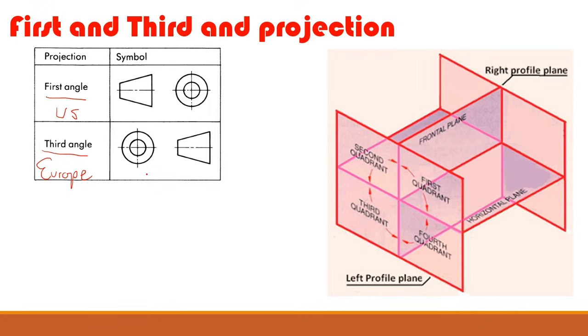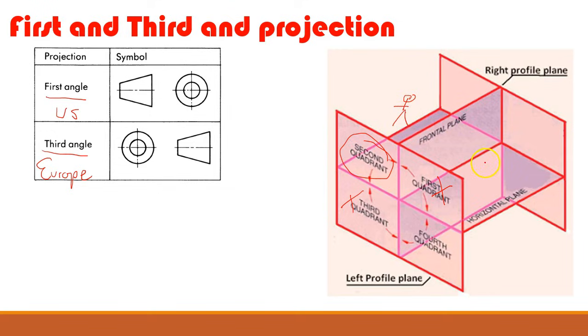You could start to understand your first and third angle projection. So first angle projection takes place in this first quadrant, right here. Third angle projection, you picture your object in the third quadrant. And you as the observer are always in the second quadrant. So here you are standing in the second quadrant, viewing both first and third angle projection.